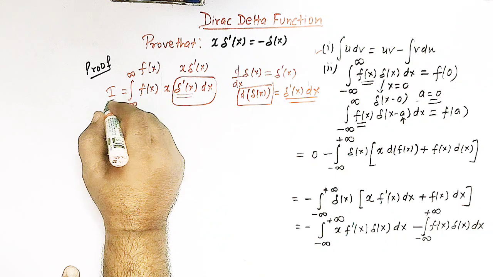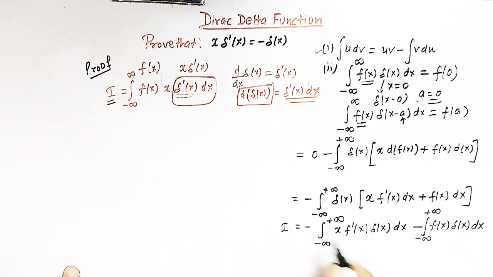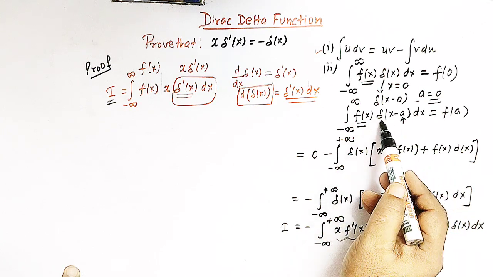So now our integral I is equal to the sum of these two integrals. If we take the negative sign outside, then we have the sum of these two integrals. Now let us evaluate this integral with the help of this property.